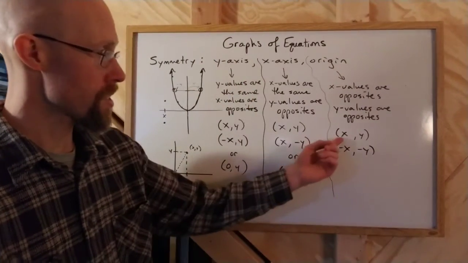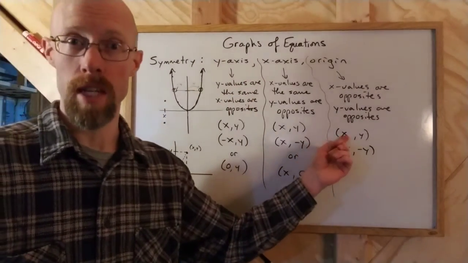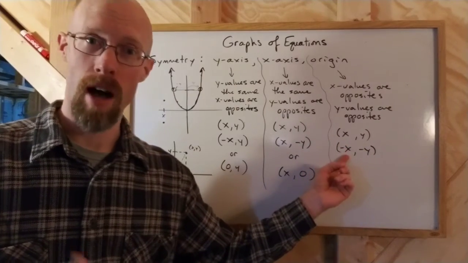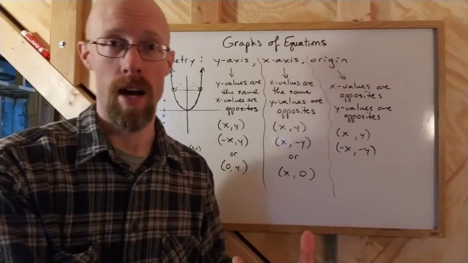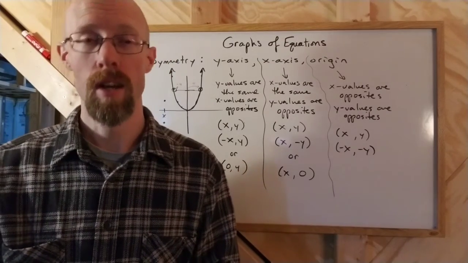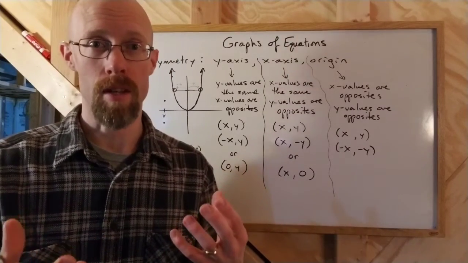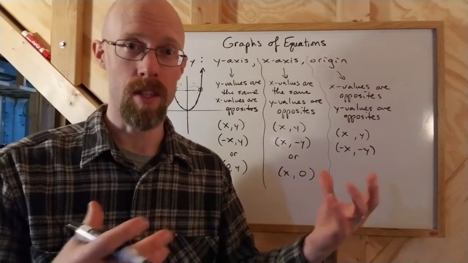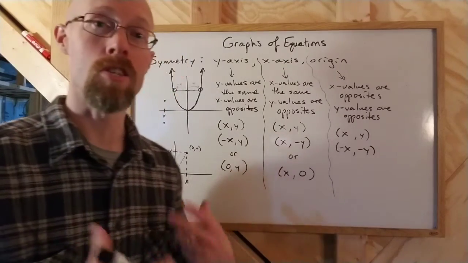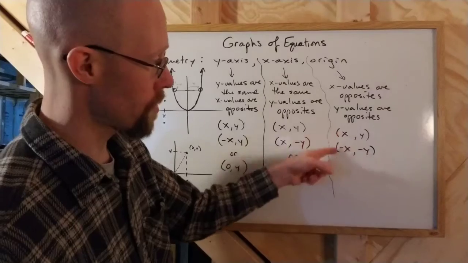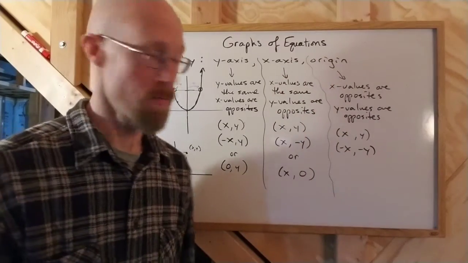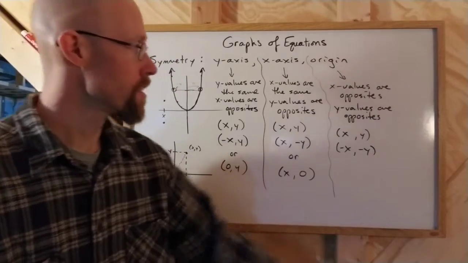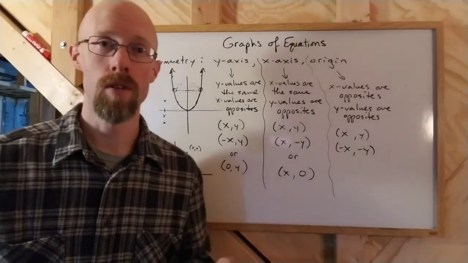Now, like I said, the x itself could be negative, in which case negative x is positive. It's always a change in sign, so it doesn't matter which ones they start out. They don't have to start out positive or start out negative. They could start out the opposite. They could be one positive, one negative, and then switch signs. Okay, so as long as they switch signs, that's the big thing. Both variables have to switch signs for origin symmetry. All right. Okay, so that just gives you an overview.